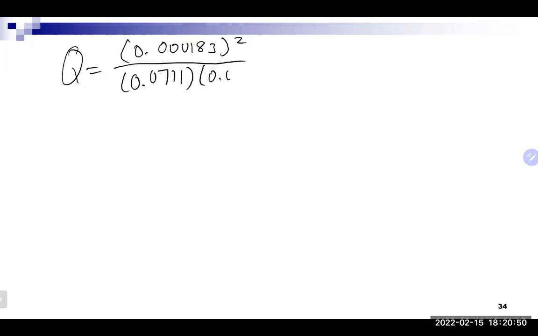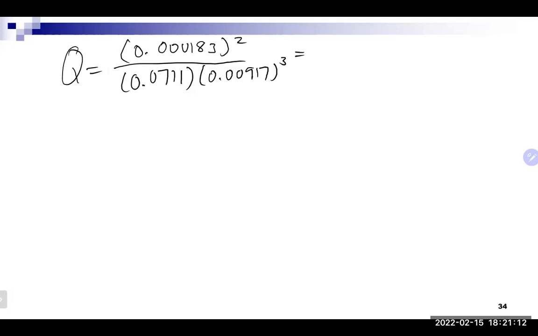So putting that in, our Q would equal our NH3, which is 0.000183, and that needs to be squared, divided by our N2, which was 0.0711, and our H2, which was 0.00917, and this needs to be cubed.